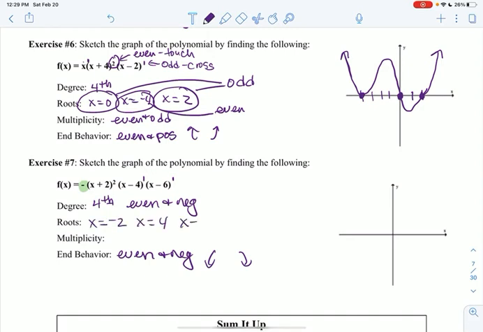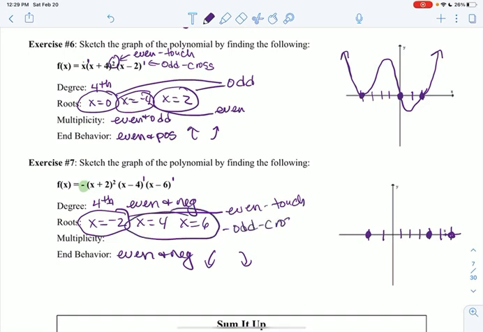All right, so let's plot those. I got -2, 2, 3, 4, 5, 6. And my multiplicity. So this one is going to be even. So it's just going to touch. These guys are odd, so it's going to cross.